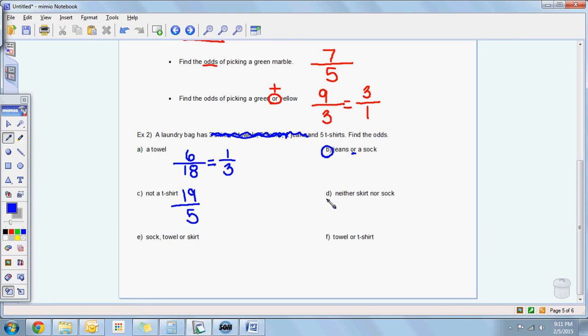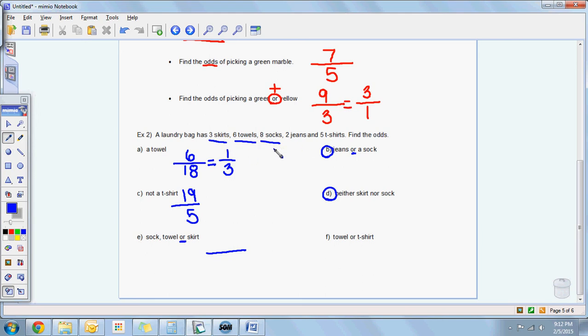I want you to try D, and I'll give you one last example here. So let's try E together. We want the odds of finding a sock, a towel, or a skirt. Let's bring everything back. Alright, so the odds of getting those items, remember we have or, so that means we're going to add them all together. So socks, towels, and skirts.